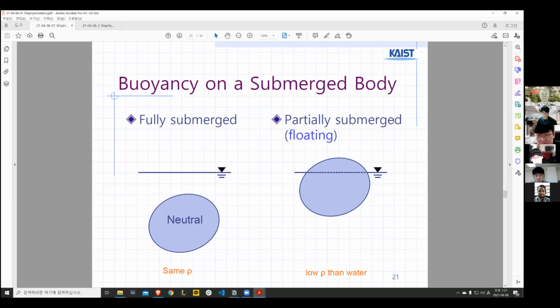And partially submerged, then this mass means this volume multiplied by the object's rho, and the buoyancy of this is this volume multiplied by water rho. So it has lower rho than water, so it's floating.